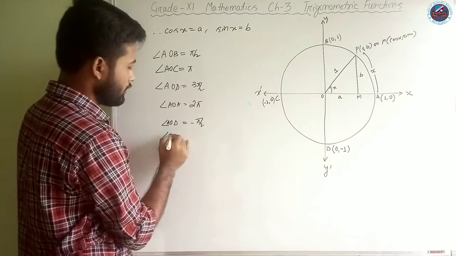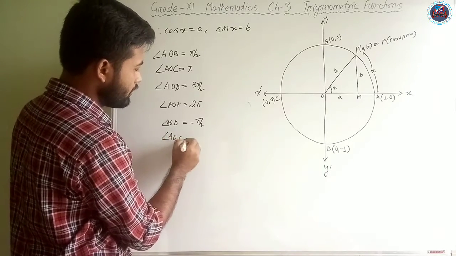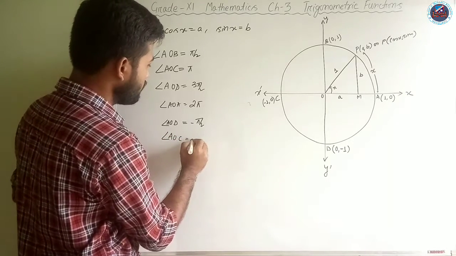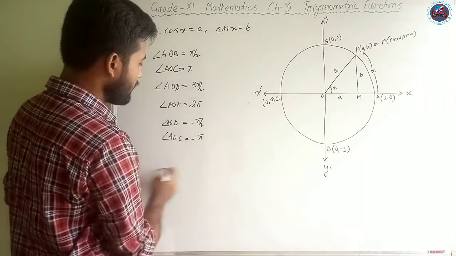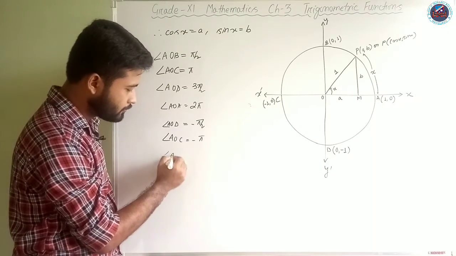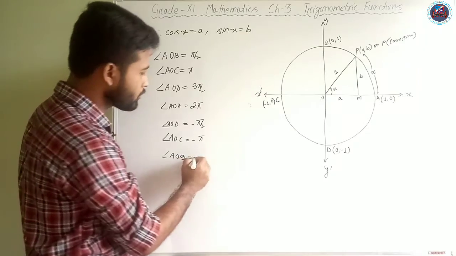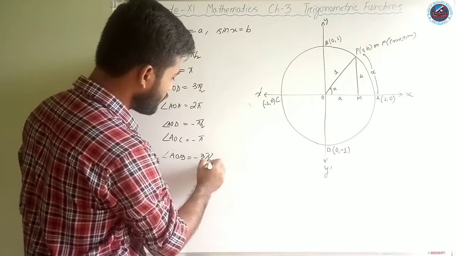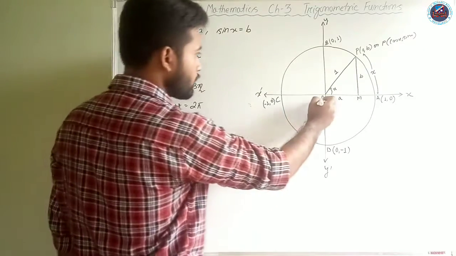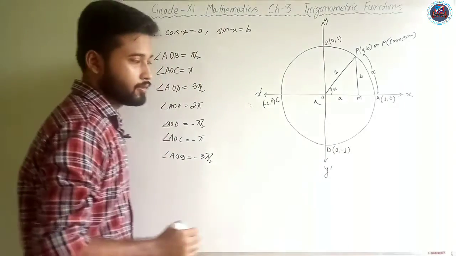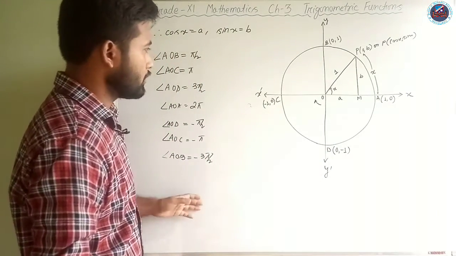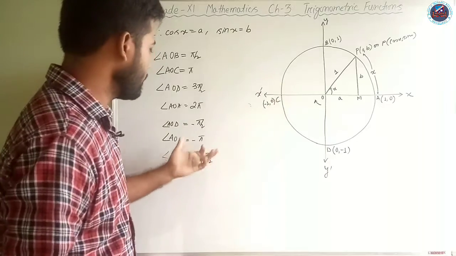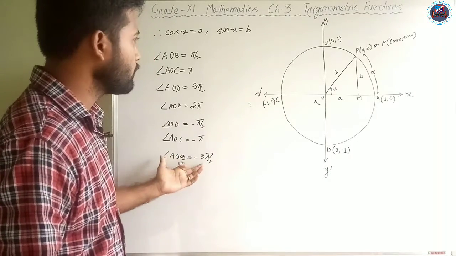Angle AOC will be equal to pi or minus pi. So angle AOB will be equal to minus 3 pi by 2. That means when we are going clockwise, we have the negative angles, and this is how we get this.